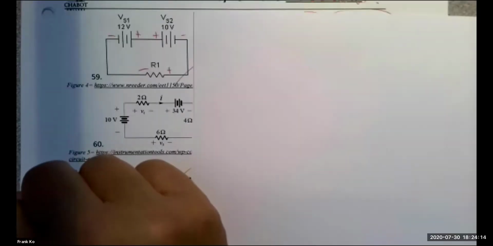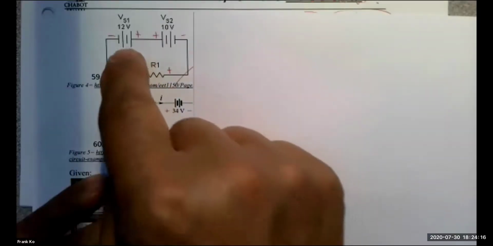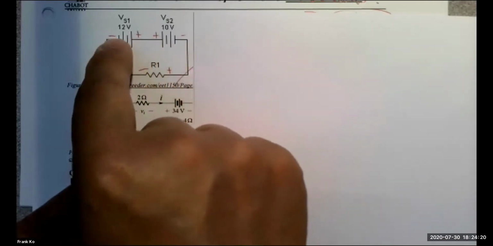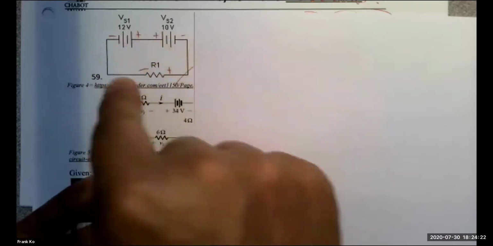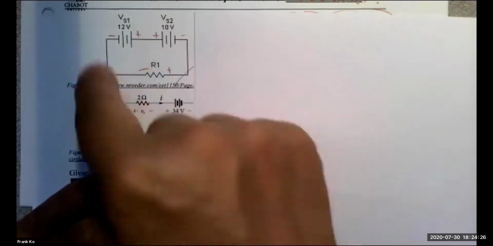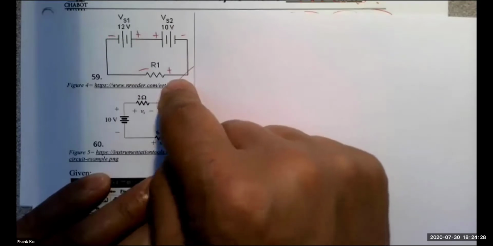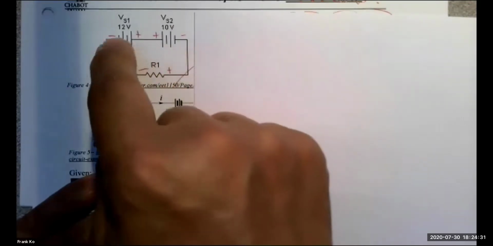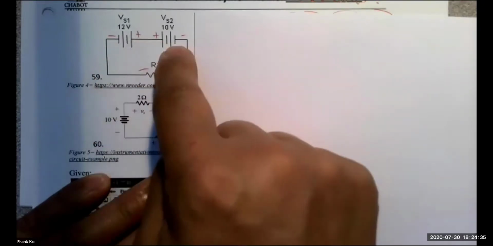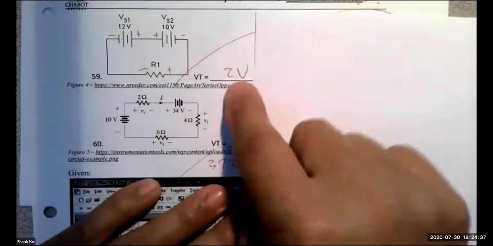I'm just looking for a verbalization. They are, in fact, series opposing. VS1 wants to move electrons in a counterclockwise fashion, while VS2 wants to move electrons in a clockwise fashion. Might is right. This one's bigger. It will overwhelm this one, and the difference between the two is, in fact, 2 volts.